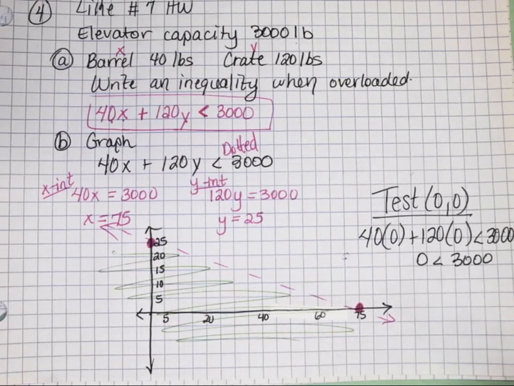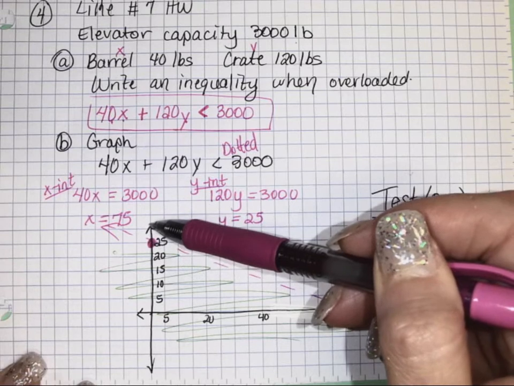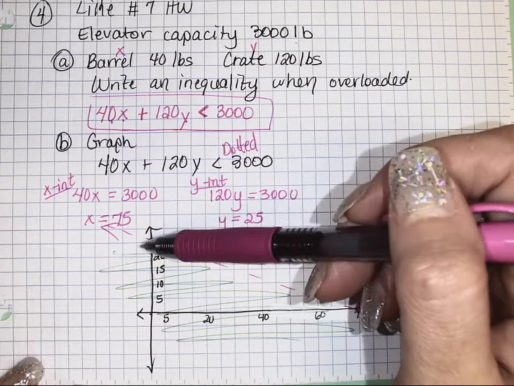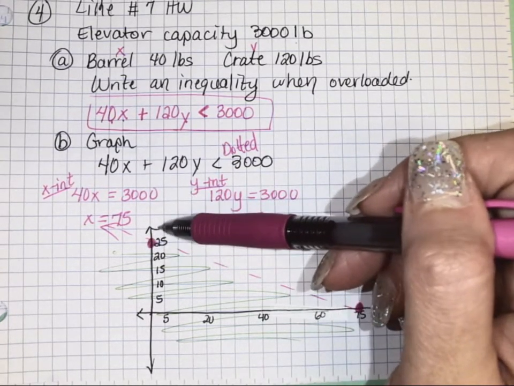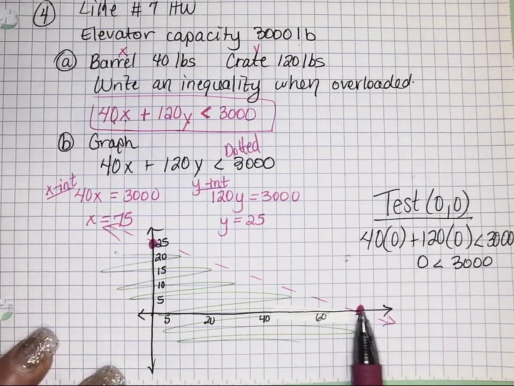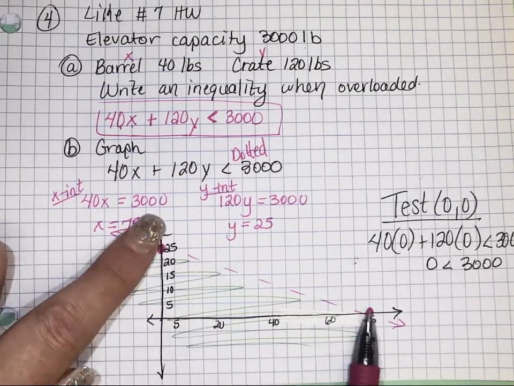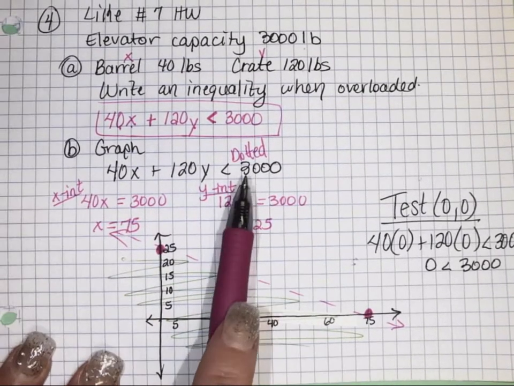Think about it. If you reach anywhere above, because this represents your crate maximum. This represents your barrel maximum. So you can't expand that anymore or you're going to go over that weight.